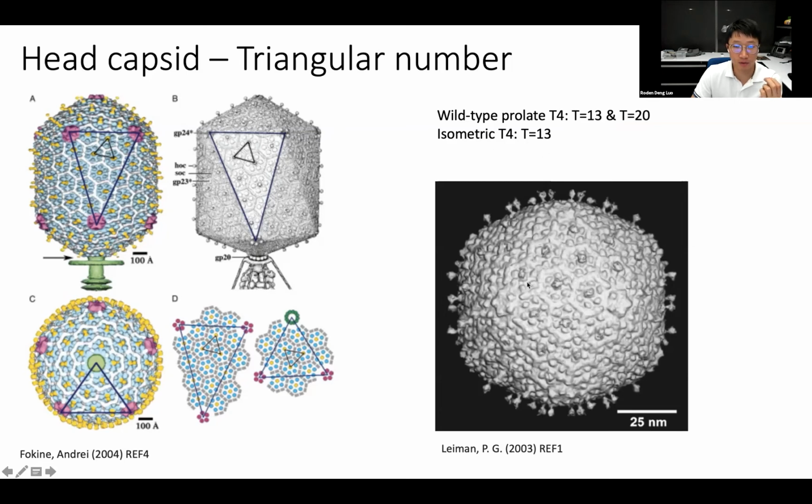And there is a mutant of T4 called isometric, and that has T equals 13 for all the faces. Sorry if I pronounce it wrongly, it should be T equals 13 for the top and the bottom cap of the wild type prolate T4.